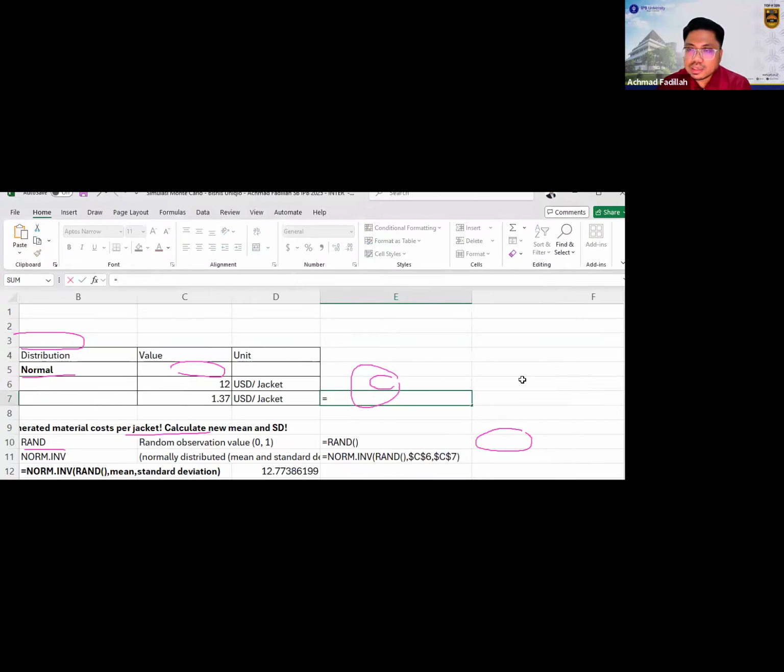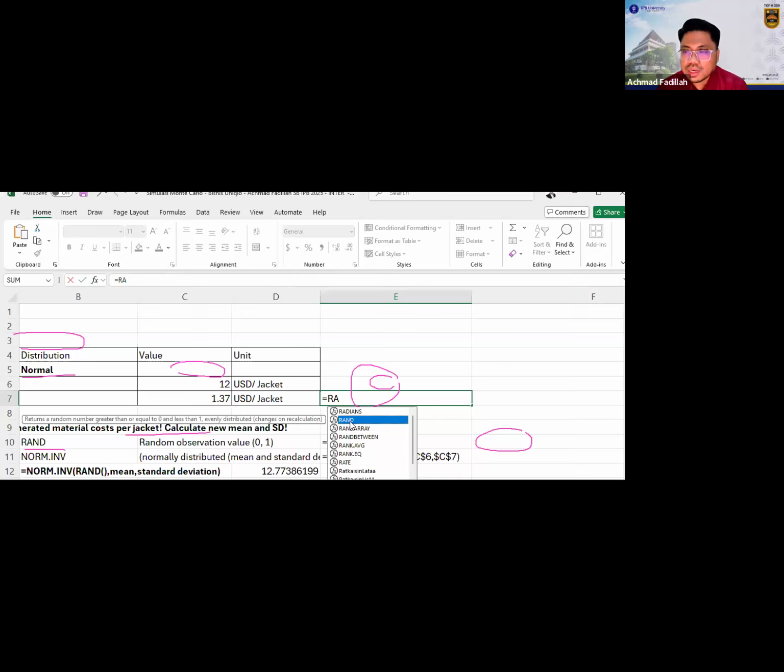Just type RAND. You can see here they have a function, and you can see the guide from the Excel. They even have the highlights for every function or formula in the Excel.